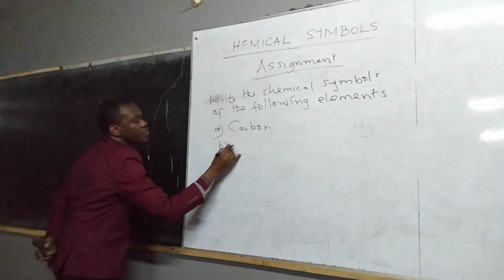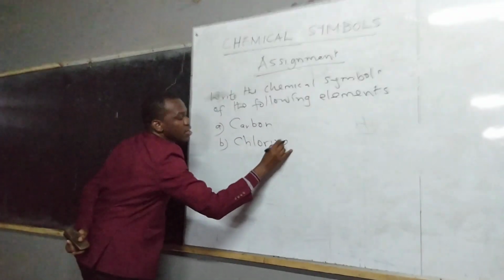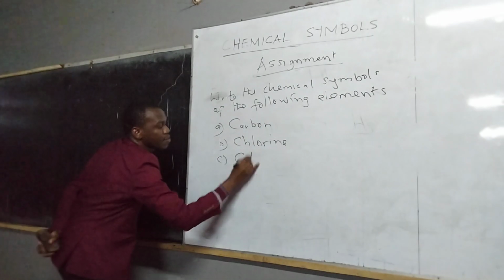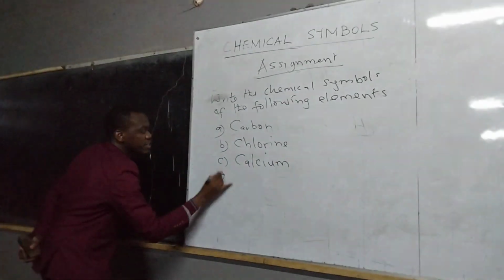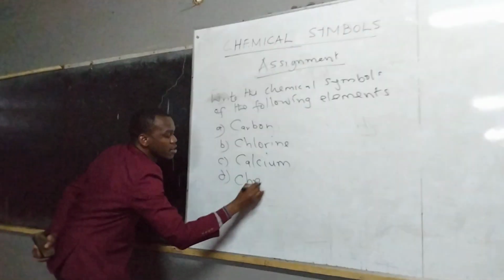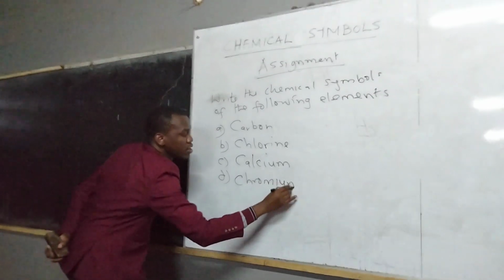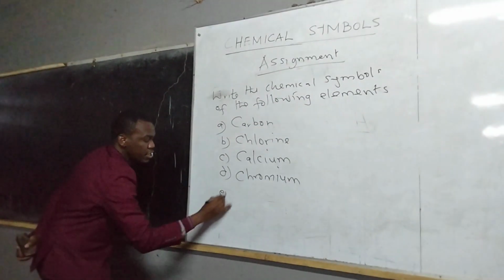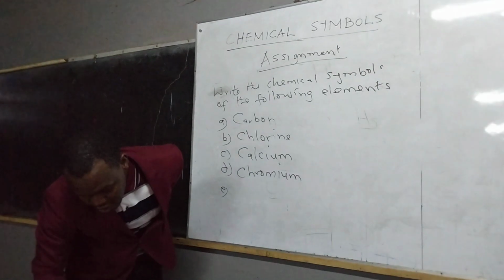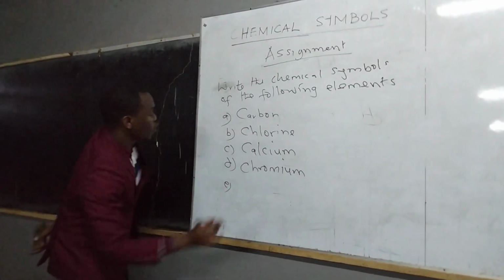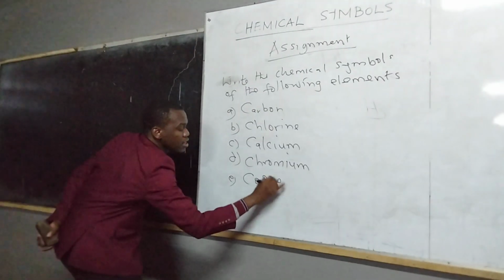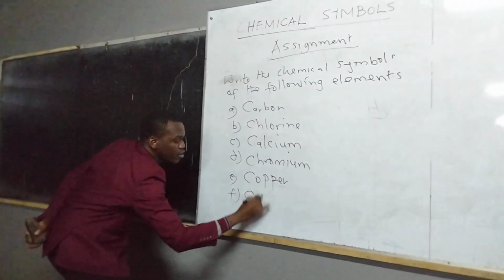Number B, we have chlorine. Number C, we have calcium. Number D, we have chromium. Then number E, let me give you another one, that's copper.